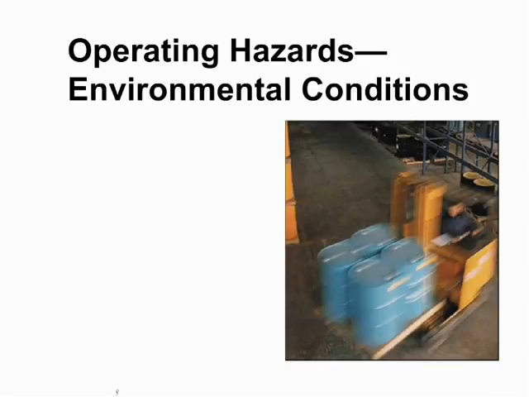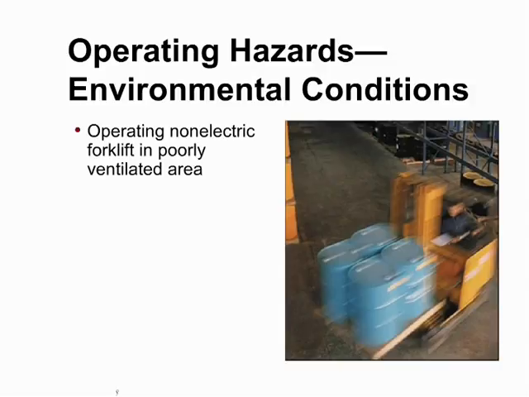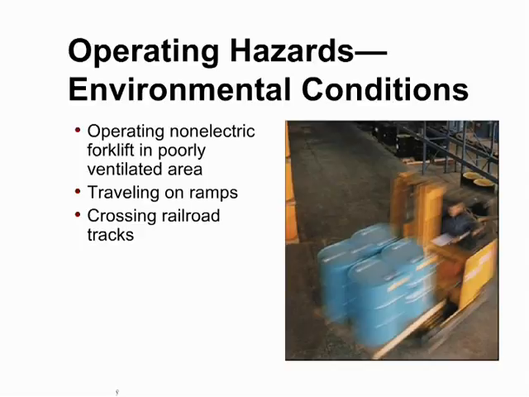Some forklift hazards are caused by the conditions present in the environment where the forklift is operating. Here are some examples. A non-electric forklift operating in a poorly ventilated area, which could allow the buildup of carbon monoxide or carbon dioxide from the forklift. A work environment with ramps, which can increase the chance of a forklift accident. Crossing railroad tracks, which can unbalance a forklift.